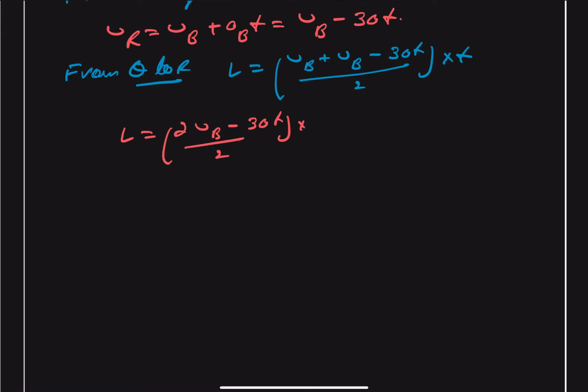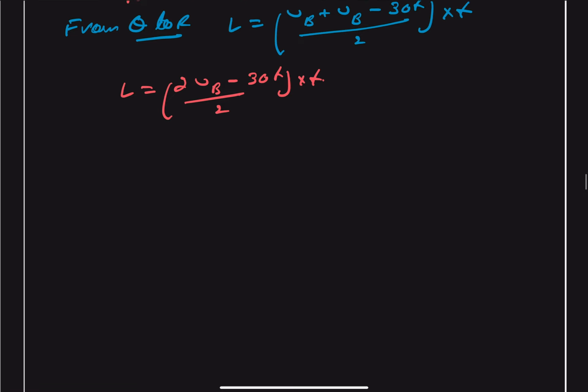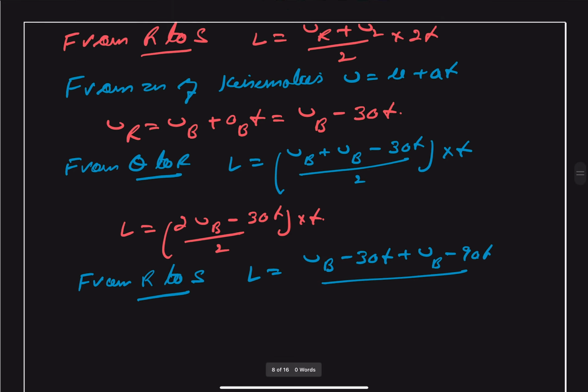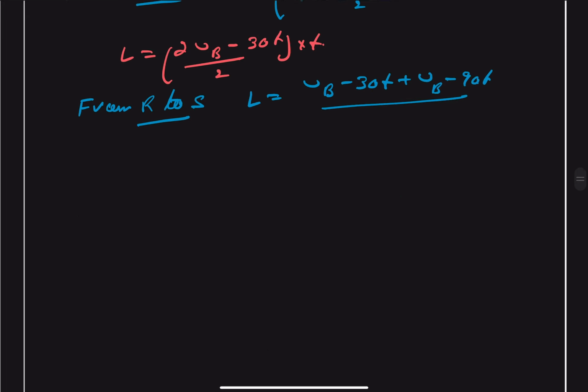And similarly for R to S, we get L is equal to (VB minus 3at plus VB minus 9at) divided by 2, and this is multiplied by 2t. Here we substituted both the value of VR as well as the value of V2.